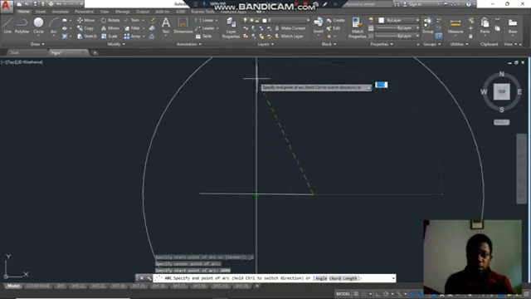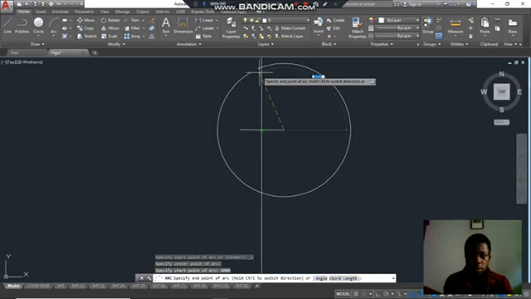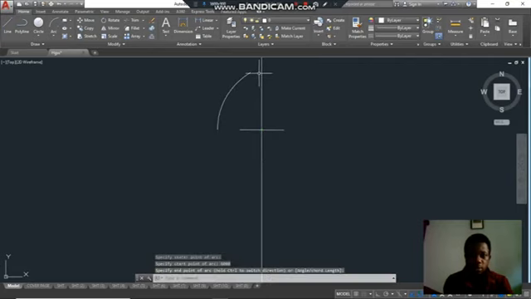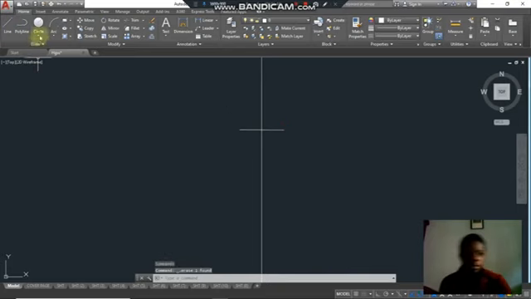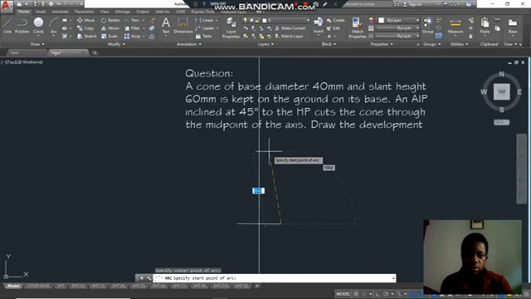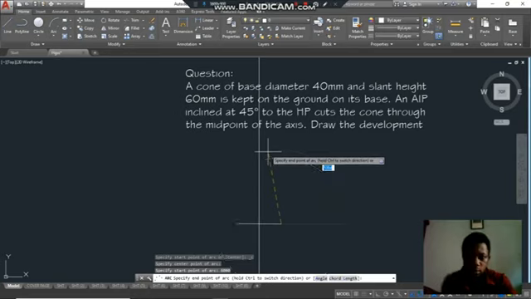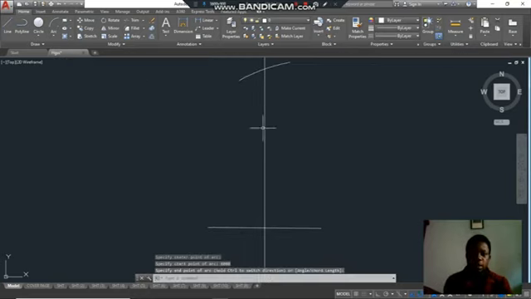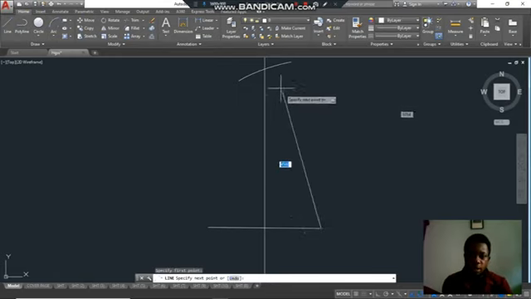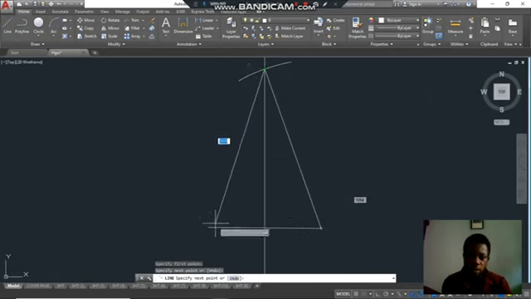Oops, sorry, I will have to redo this. I'll pick my arc, center this, and radius 6000, and I'll draw this arc. Now I have this arc. That is, from here to here is 60, which is the slant height. So I'll pick my line from here to here and here to here.